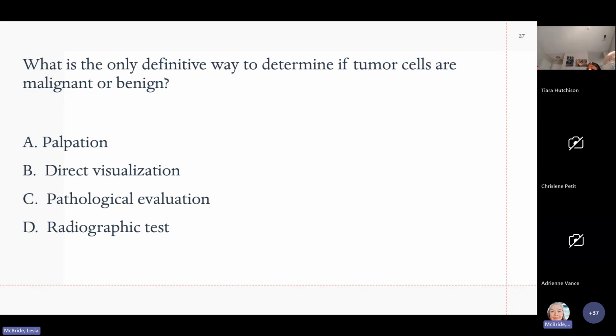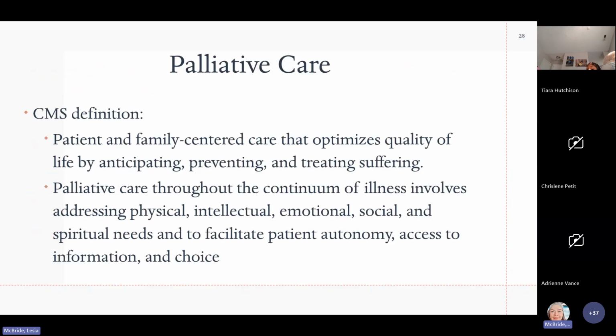What is the only definitive way? That was pathology then. So, palliative care. CMS defines palliative care as optimizing the quality of care of the patient. Now, palliative is not hospice. Palliative care says this person has a diagnosis or a disease or comorbidity that limits their life expectancy in some way.